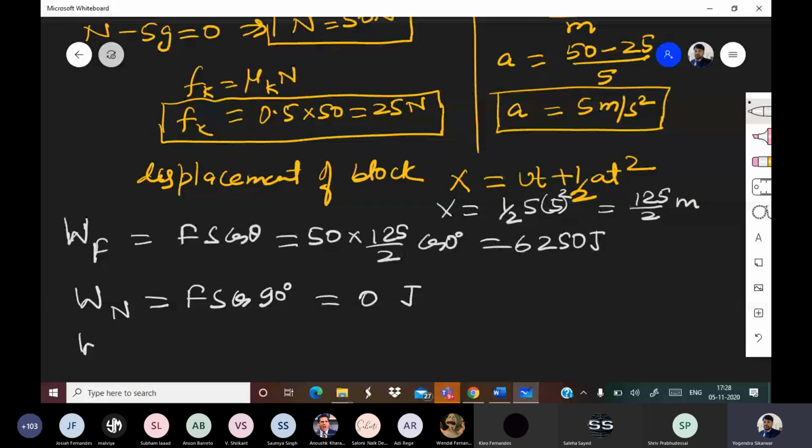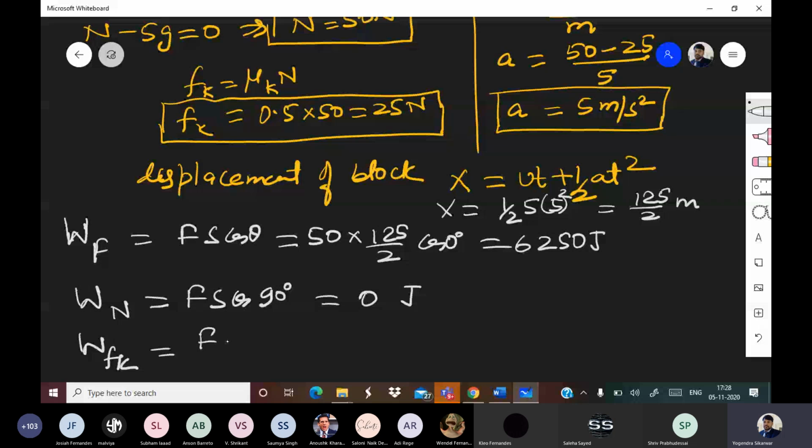Now comes work done by friction. Again F into S. This is Fk. Okay, let me write it as N. So Fk into S into cos 180, because friction is acting in the opposite direction. Fk was 25.